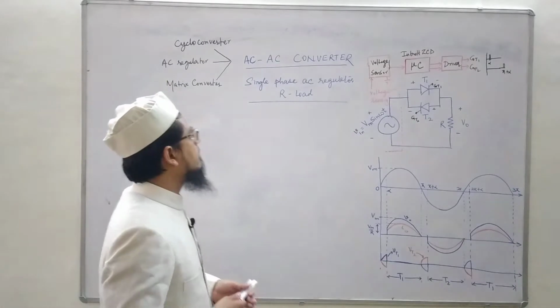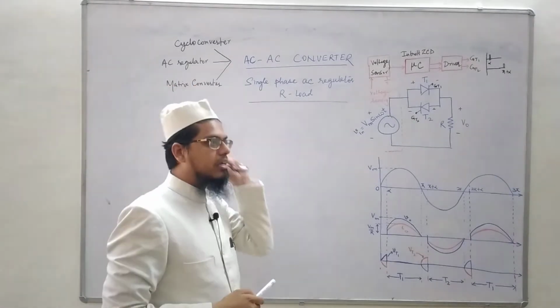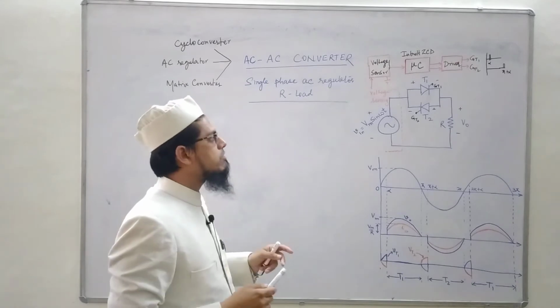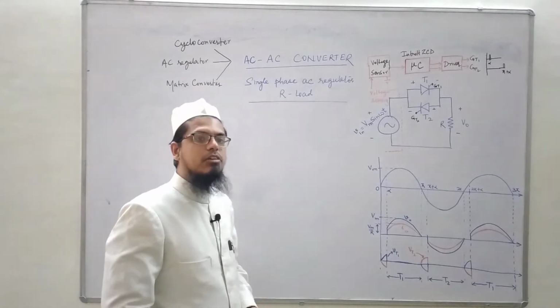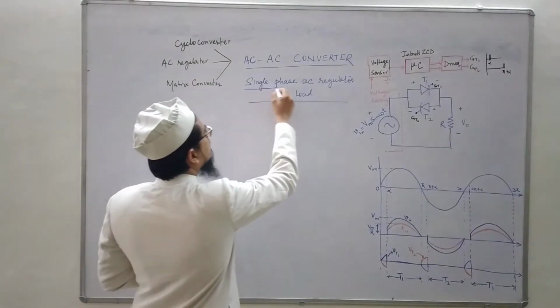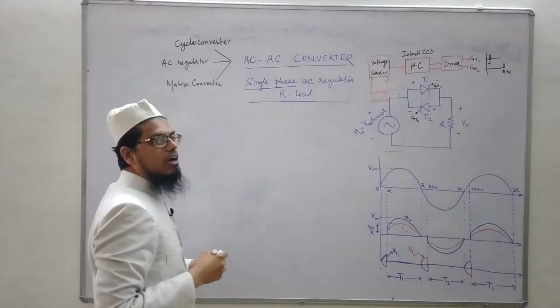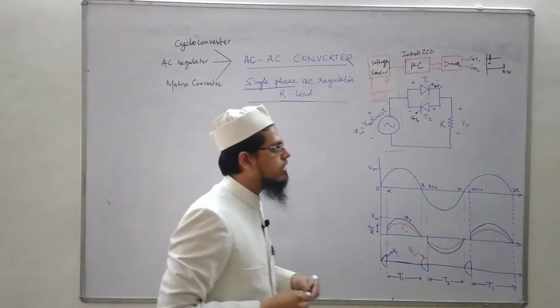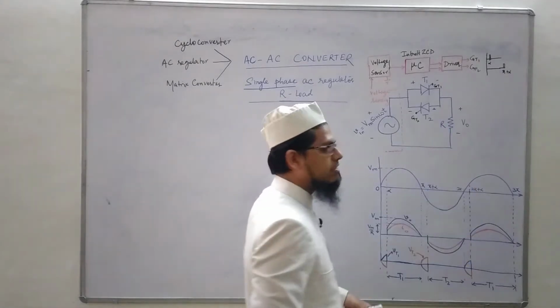I would be discussing the AC regulator in this lecture, and more specifically I would be taking a resistive load connected to a single phase AC regulator. So basically I will be talking about a single phase AC regulator operating on an R load. The load that is connected is purely resistive in nature.